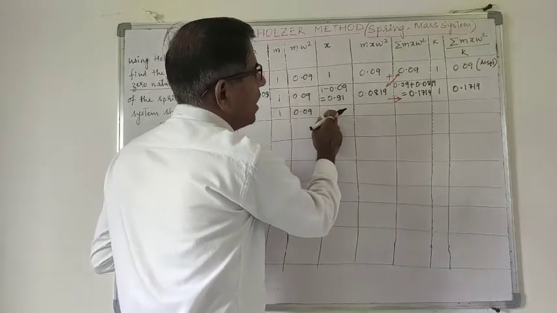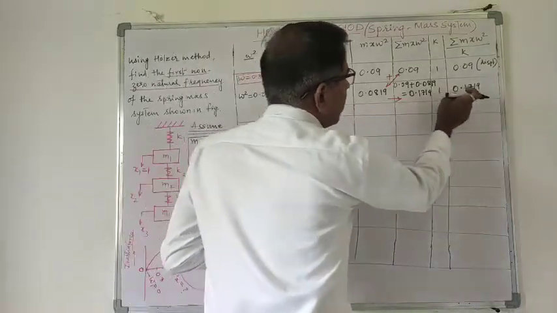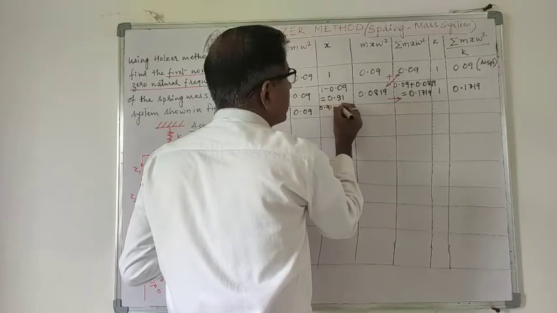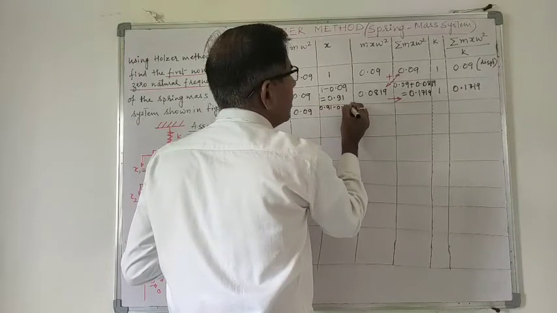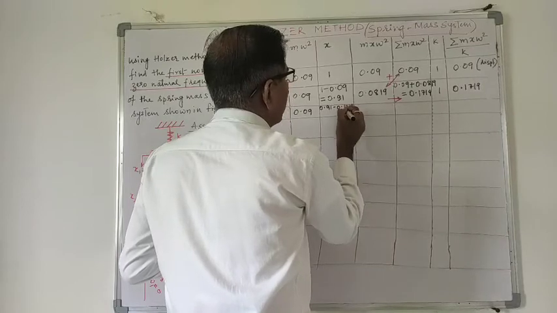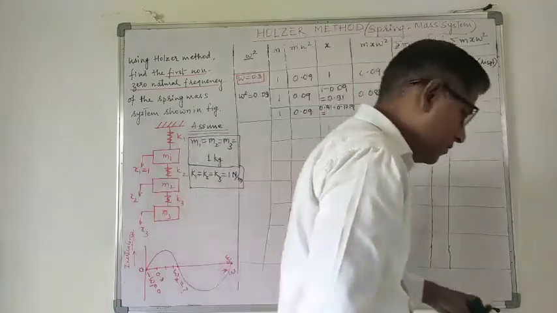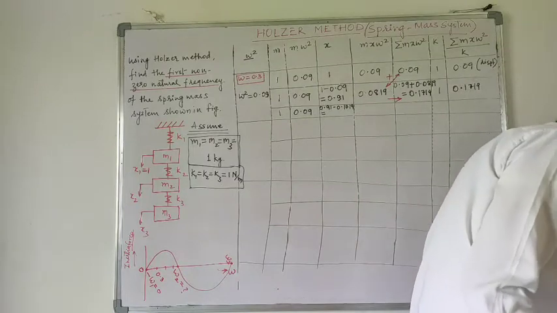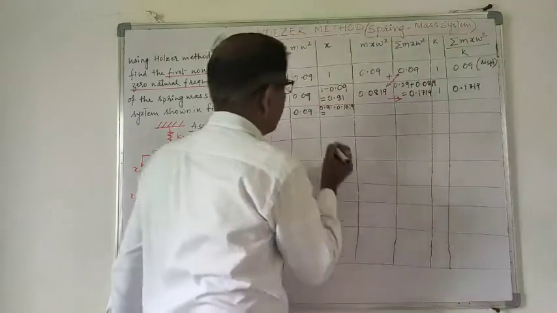Now the displacement value will be this value minus this value, so 0.91 minus 0.1719, and here the answer is 0.7381.